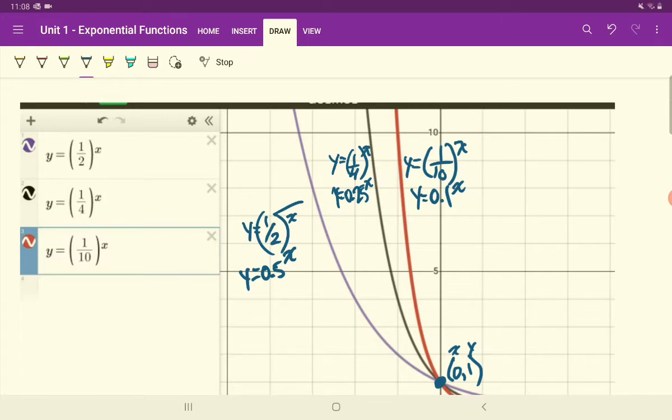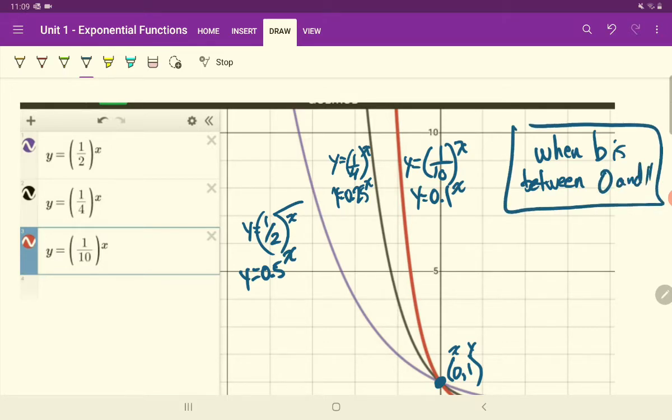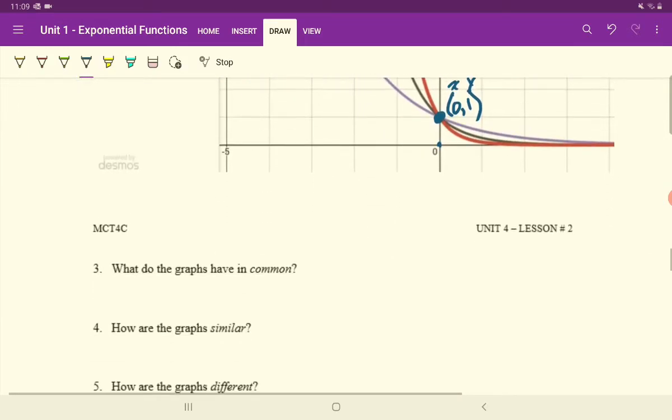So maybe we can draw a conclusion that when b is between 0 and 1, the closer b is to 0, the steeper the curve. That feels somewhat confusing, but only when b is from 0 to 1, the closer you are to 0, the steeper the curve.